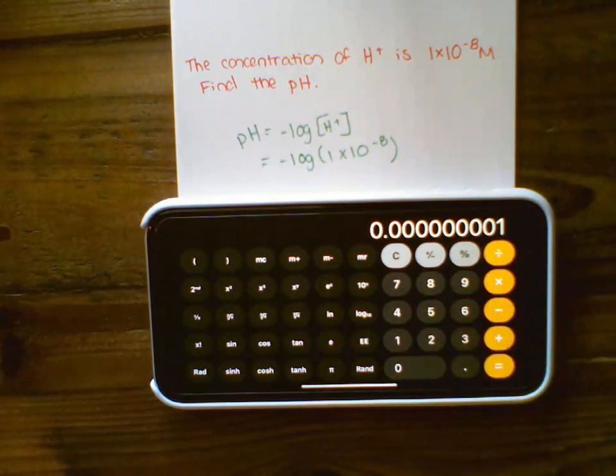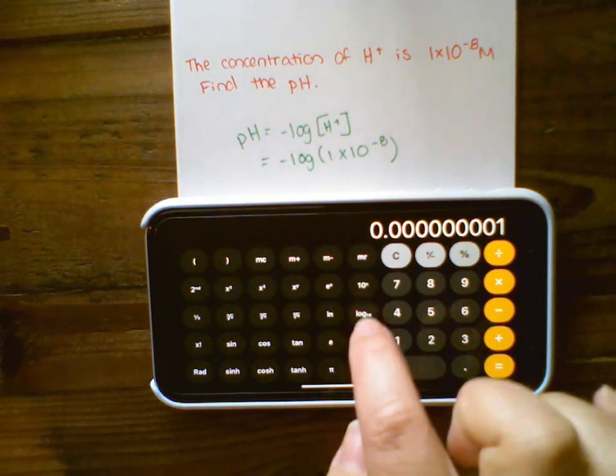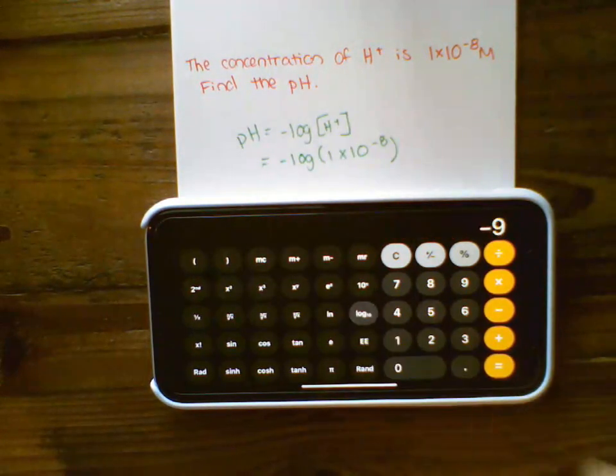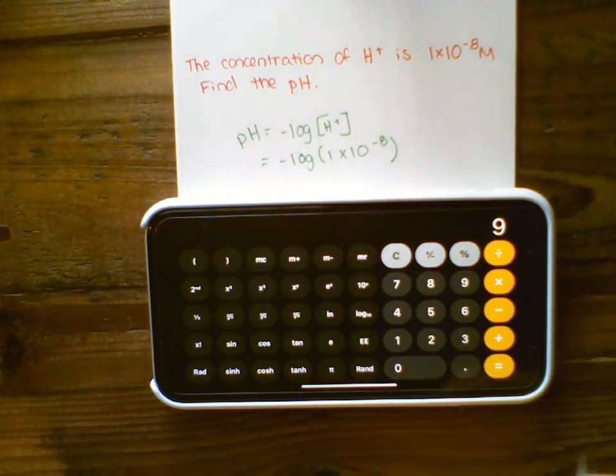So that would be 1 times 10 to the negative 9th. So now I'm going to take the log of that number, but I'm going to take the negative log of that number. Okay, so let me talk you through how we did that.